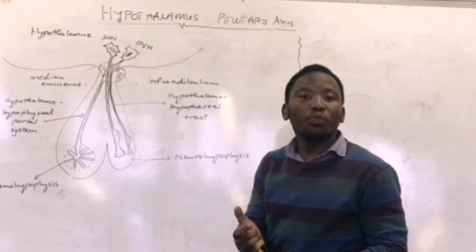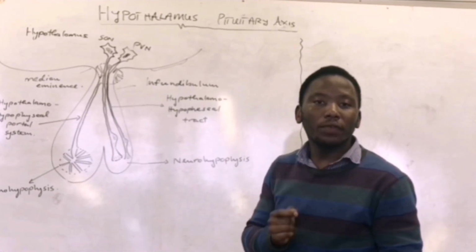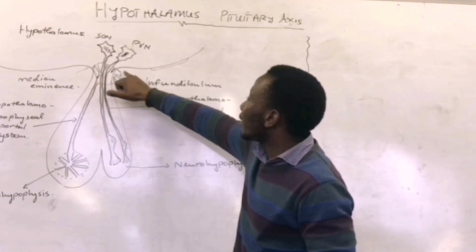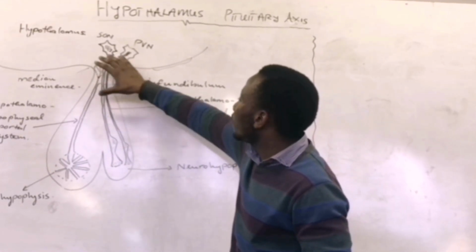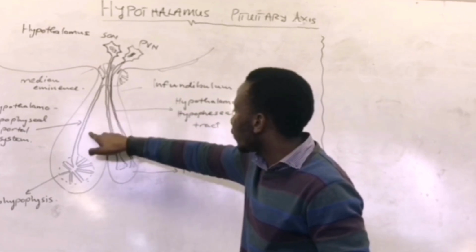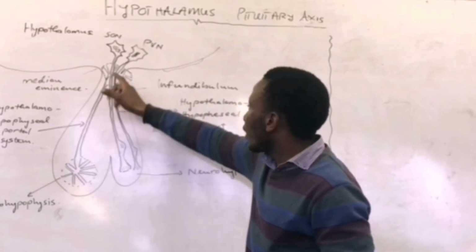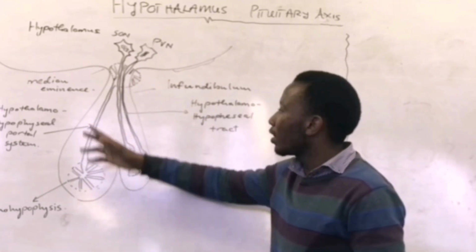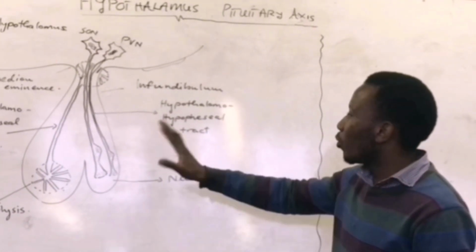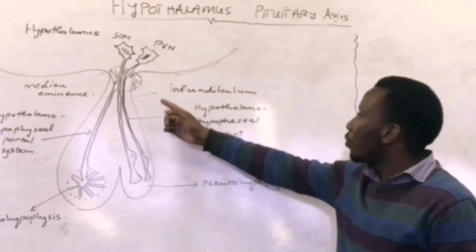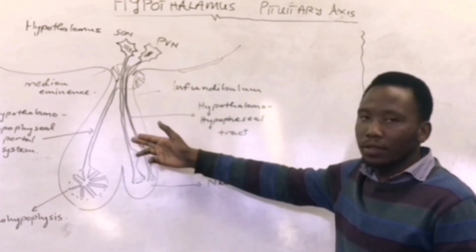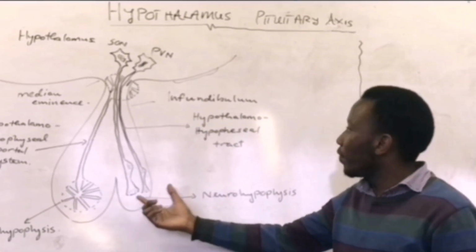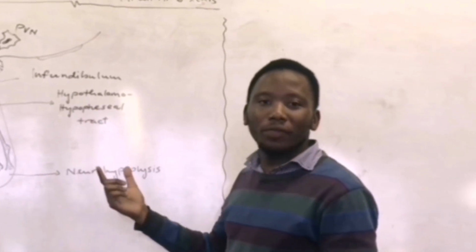We call them the superior and the inferior hypophyseal arteries, okay? They join together here and form a capillary bed which joins with the portal vein to another capillary bed. This connection between the hypothalamus and the anterior pituitary gland we call the hypothalamo-hypophyseal portal system. On the other hand, the posterior lobe is connected to the hypothalamic nuclei through their axons via what we call the hypothalamo-hypophyseal tract, okay?